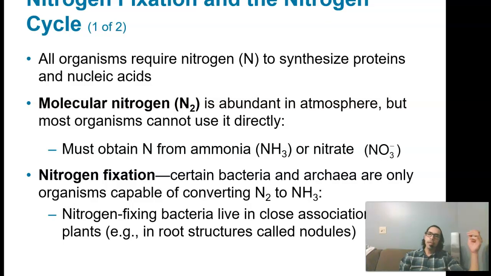They need to use nitrogen in the form of ammonia. But in order to get ammonia, the bacteria have to convert the nitrogen from the atmosphere into ammonia. So, nitrogen fixation: certain bacteria and archaea are the only organisms capable of converting nitrogen to ammonia.